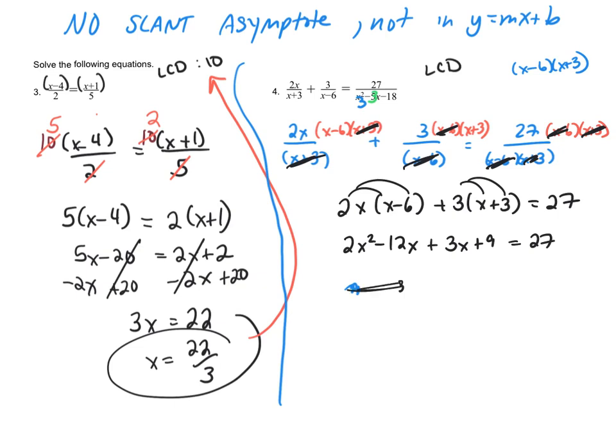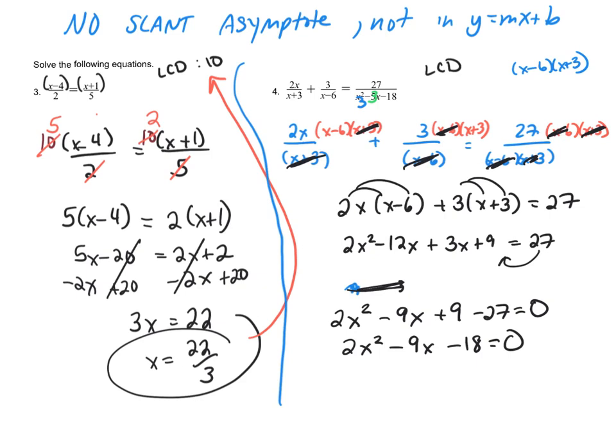Now I can see that I'm going to have a quadratic because I have a square term. So I'll put the two x terms together. I have this plus 9, but then I'm going to move this 27 over, so I'm going to subtract 27. You could write it in a different step, but I know I'm going to move that 27 over. So my quadratic is going to be 2x squared minus 9x minus 18 equals 0.